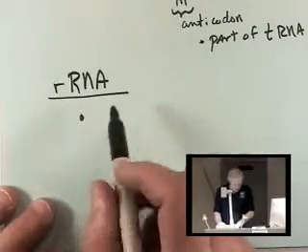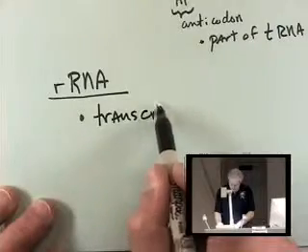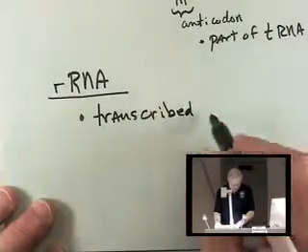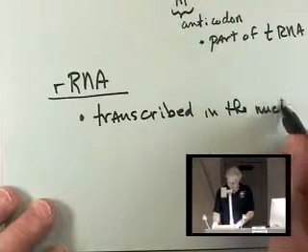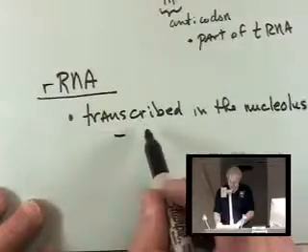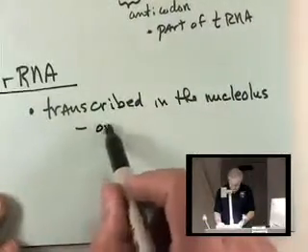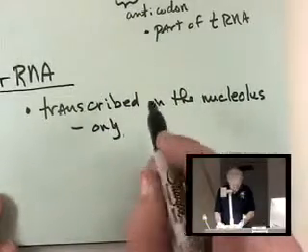Well, in eukaryotes, remember, they're transcribed in the nucleolus, which is in the nucleus, right? Nucleolus, and that is in eukaryotes, only eukaryotes, because only eukaryotes have the nucleus with the nucleolus, right?